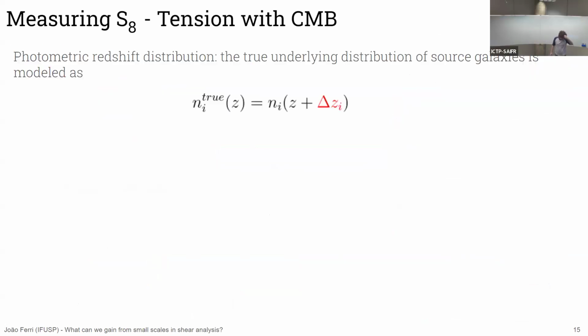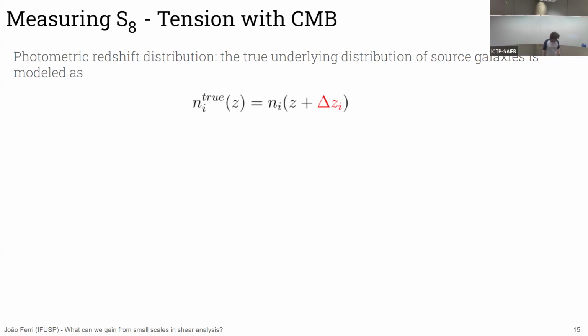Now, for the case of KiDS Legacy, the things that they changed in their analysis were mainly two. The first thing that they did was to recalibrate this n(z) distribution of galaxies. So this has to do with something about the instrument.